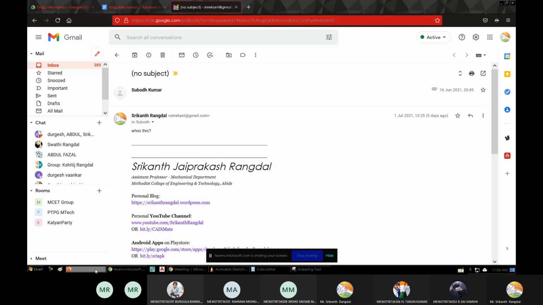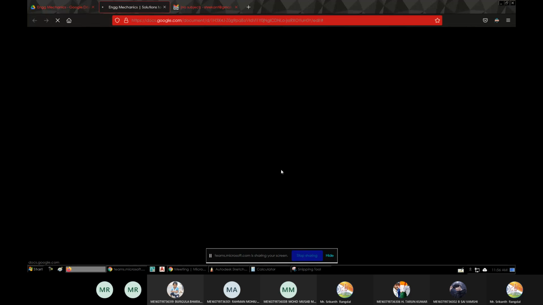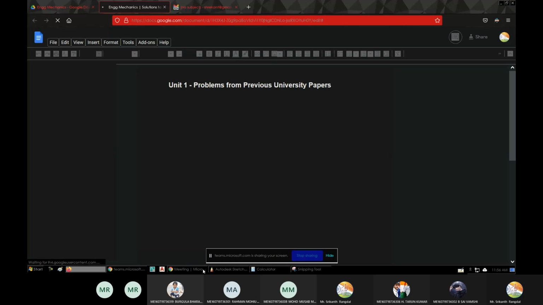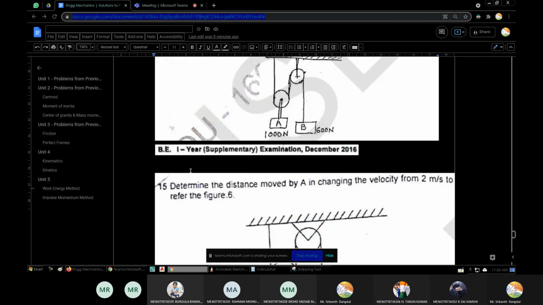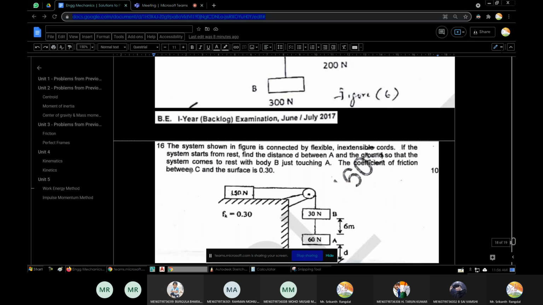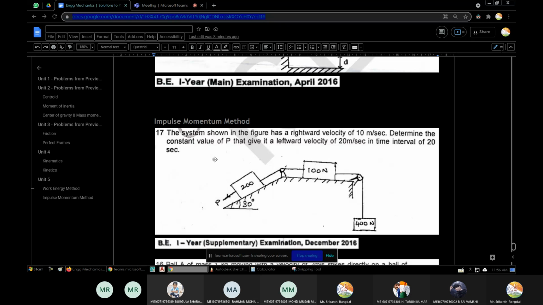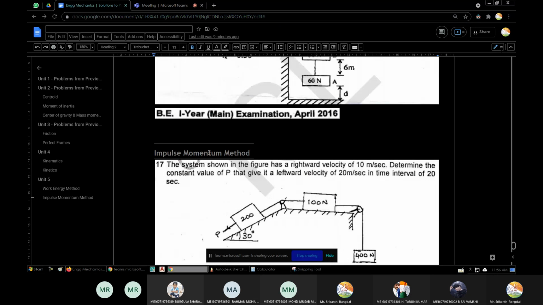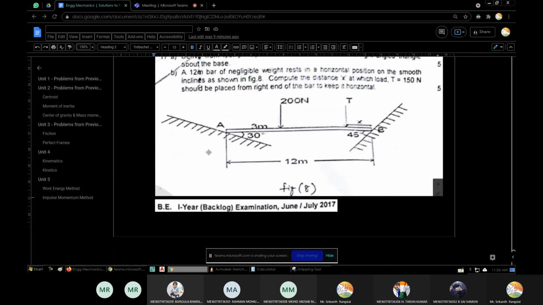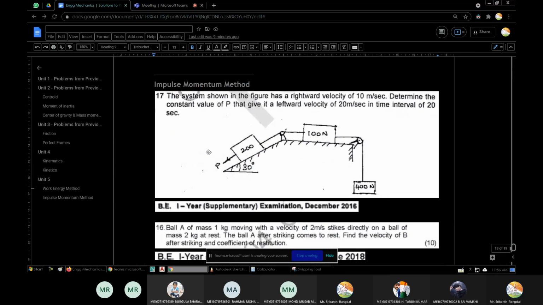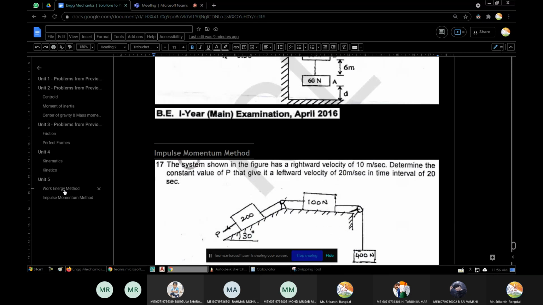We still have to cover the last 2 units. Kinematics we did today. Kinetics we'll have to take up in slightly more detail. Then we have impulse momentum and the work energy method.